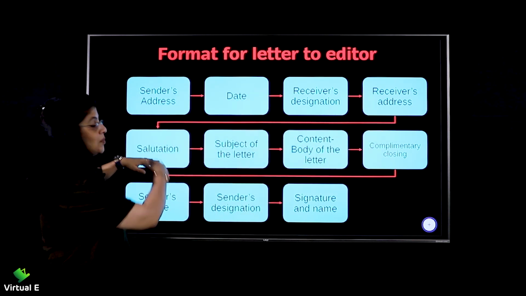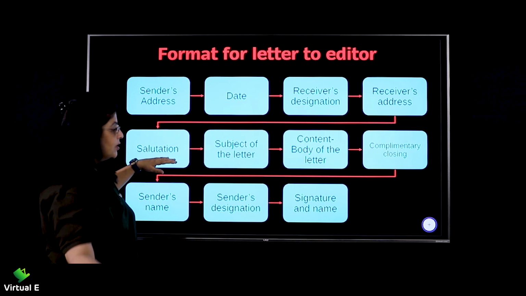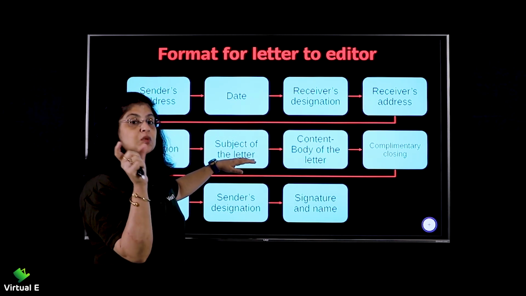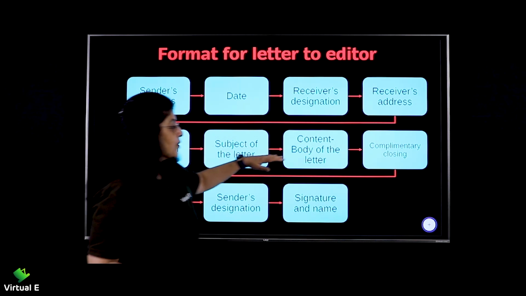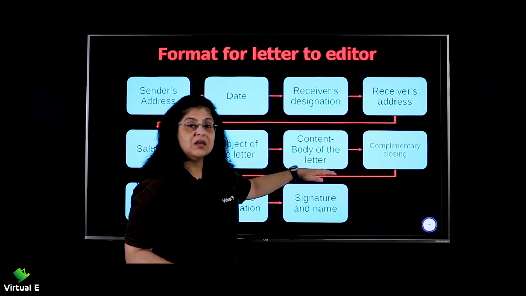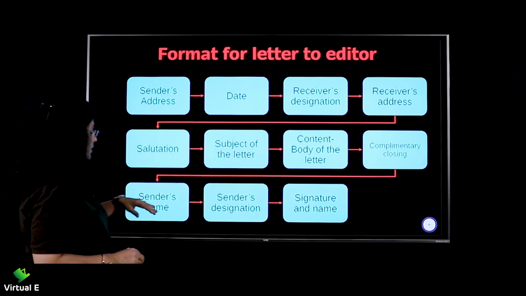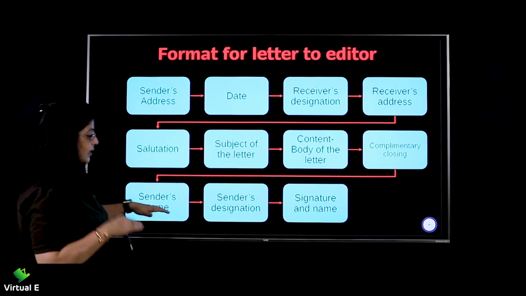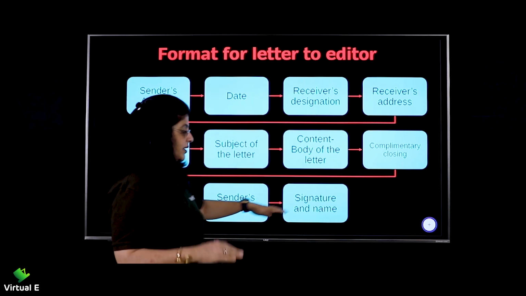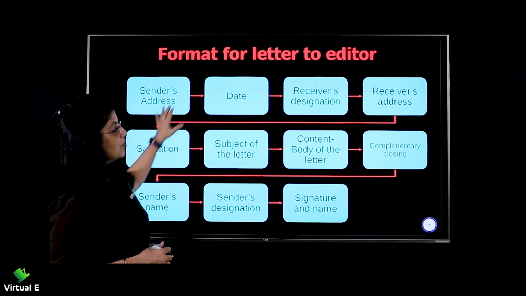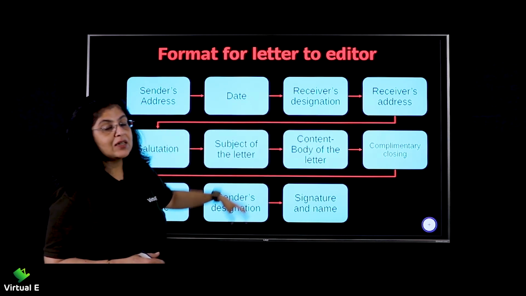Then it is followed by the salutation, respected or dear, whatever. What is the subject of the letter? If you remember, we had said it should be short and crisp. Then you leave a line. Then comes the content or body of the letter, the complimentary closing, then sender's name, sender's designation, and signature and name. This is how we follow the set of instructions.